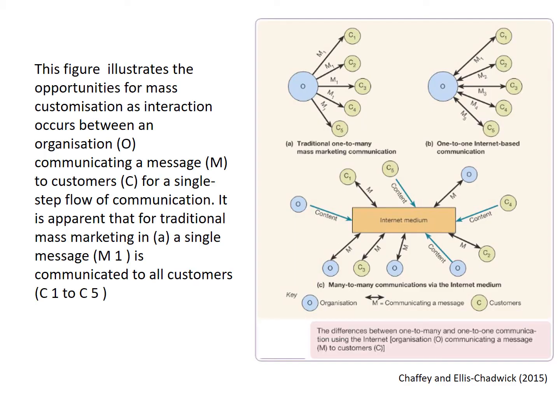This figure illustrates opportunities for mass customization, as interaction occurs between an organization O communicating a message M to a customer C for a single step flow of communication. It is apparent that for traditional mass marketing a single message M1 is communicated to all the customers C1 to C5.